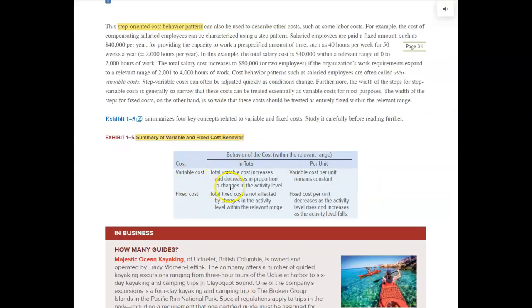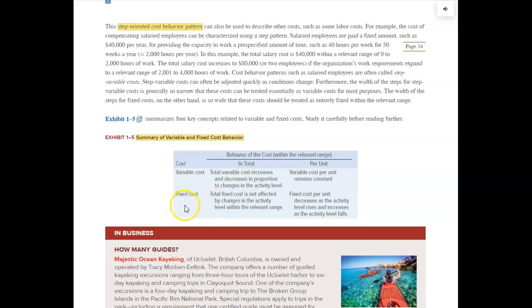So here's a summary of your variable and fixed cost behavior. Once again, for variable cost, in total, they will increase and decrease as your activity level increases and decreases. But per unit, it stays the same. Think about that: per unit is the same, but when you have more units, you have more total cost.